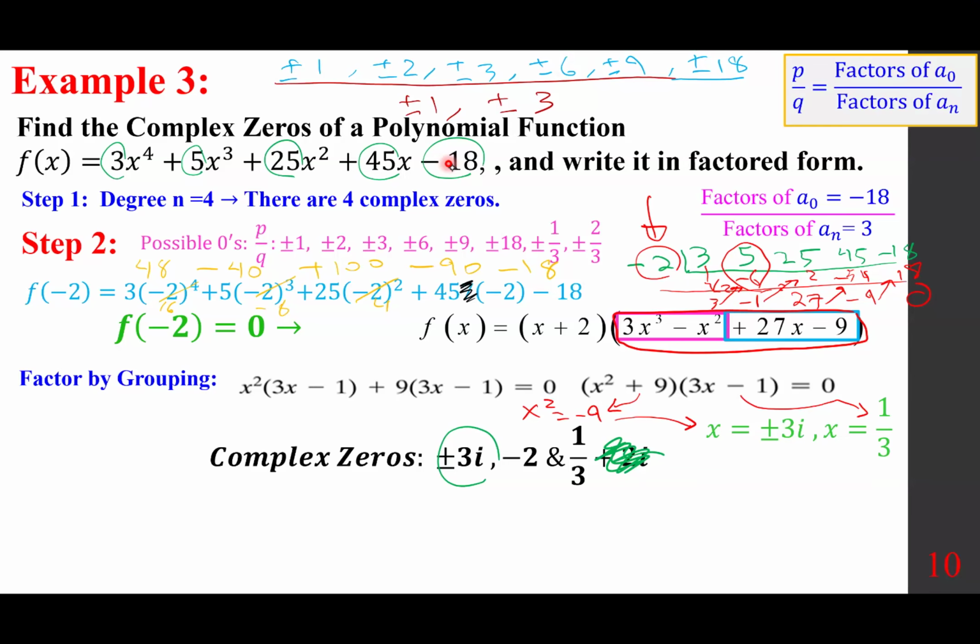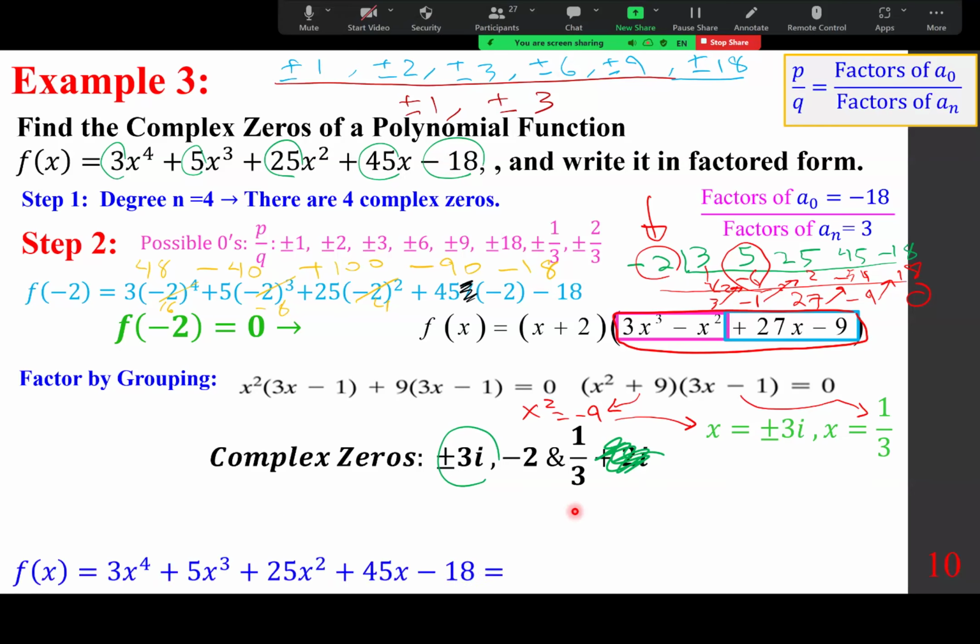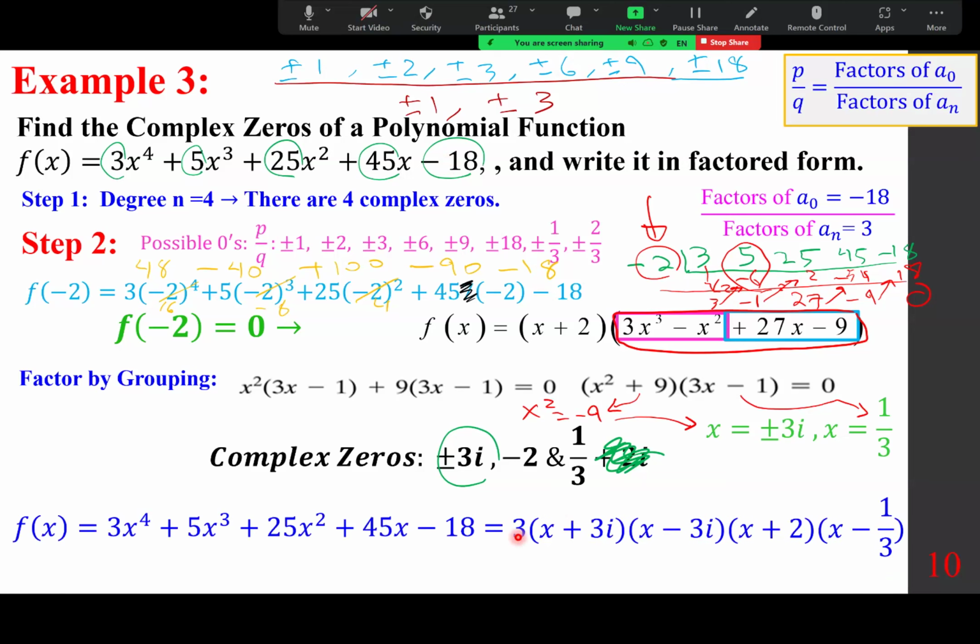Notice if we use those, and let's do them. Ignore that for now. X plus 3i, x minus 3i. That's this part. X plus 2, x minus 1/3. I hope you recognize that. Ignore that for now. Different color. Ignore it for now.